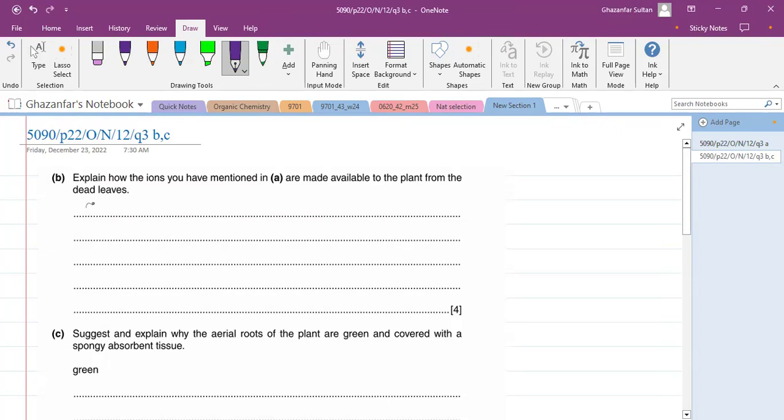So first, what happens? The dead leaves are decomposed by bacteria, or fungi, or both.